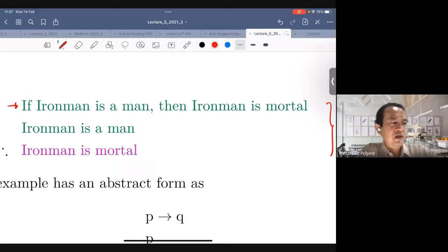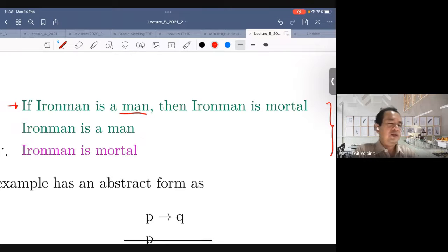I assume everyone knows Iron Man, right? A man in this sentence doesn't mean a man as opposed to a woman. It means he's a human. Then Iron Man is mortal.